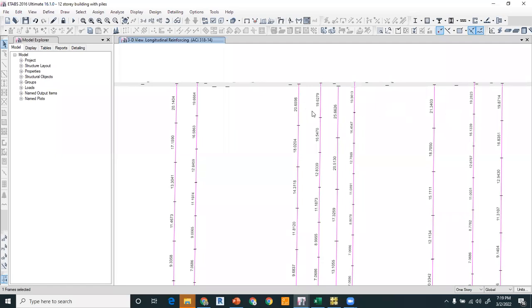So if we design the pile for the earthquake forces, for example, if there is a fault passing through the plot, then you must design your pile for the earthquake force.